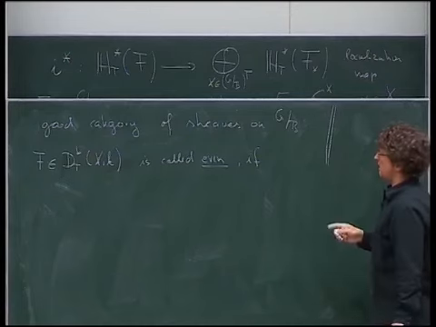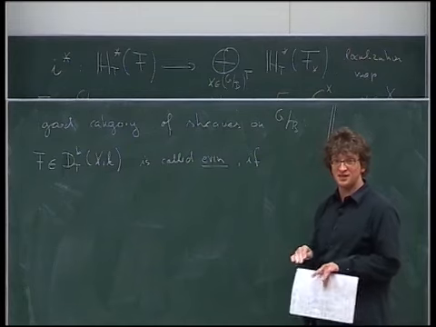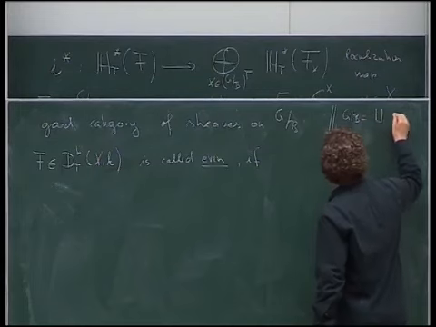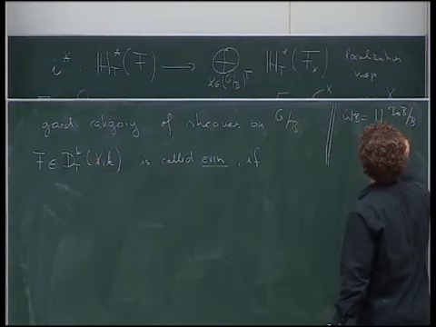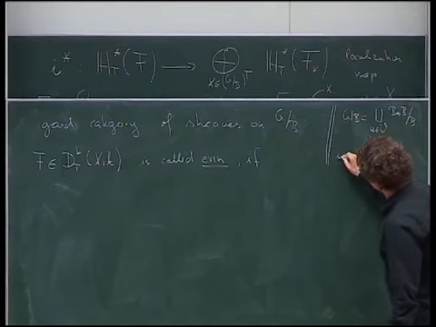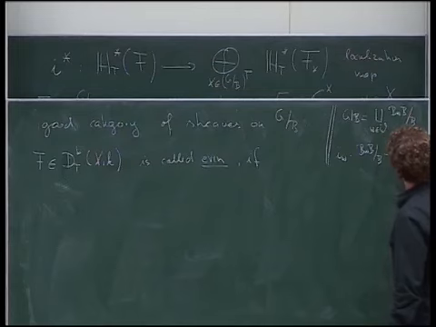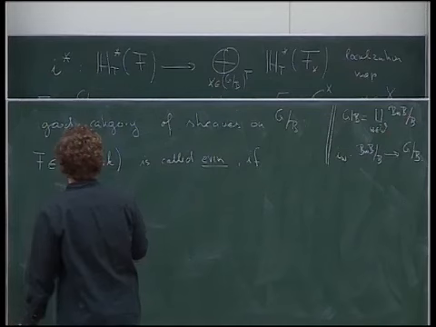G mod B, remember we looked at the fixed points of G mod B, but now we enlarge this and look at the stratification of G mod B. G mod B is stratified by the Bruhat cells, and we can parameterize the cells either by the unique fixed point that is contained in the cell, or by the Weyl group. It doesn't matter. So we have this Bruhat decomposition, and we define now EW for an element in the Weyl group to be the inclusion of the cell. This is the inclusion not of the fixed point W, but of the cell.